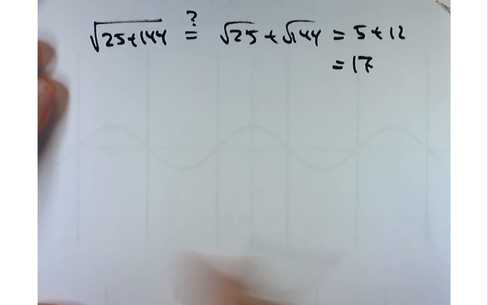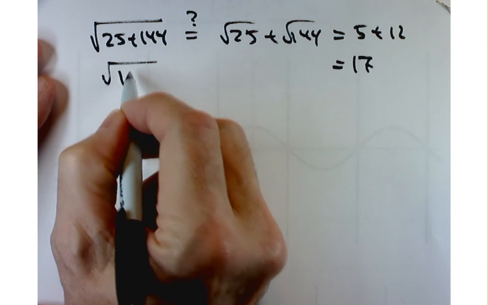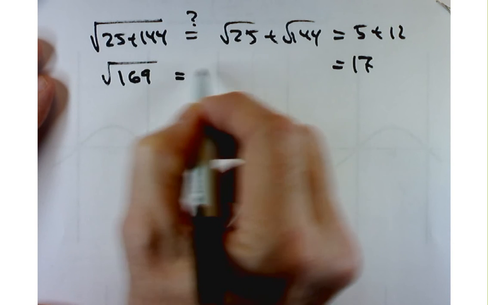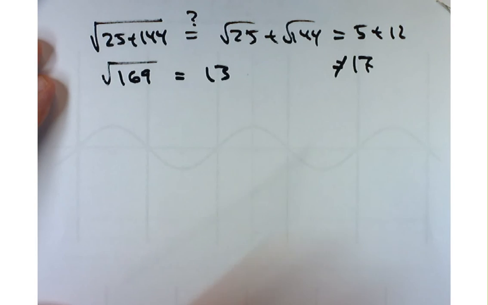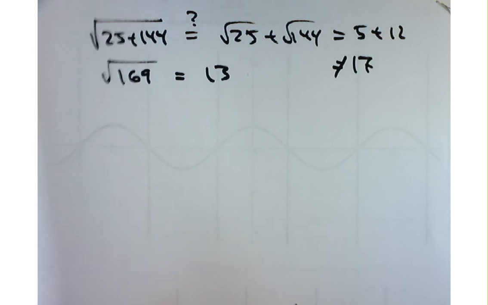Does that work? Well, this is the square root of 169, which is 13, and no, that's not 17. So there's a nice numerical example that it just doesn't work. I mean, I wish it did. A lot more people would get A's on their math test, but unfortunately it doesn't.